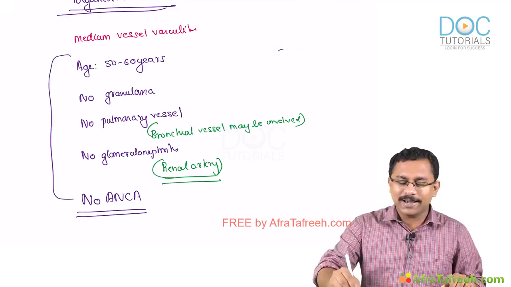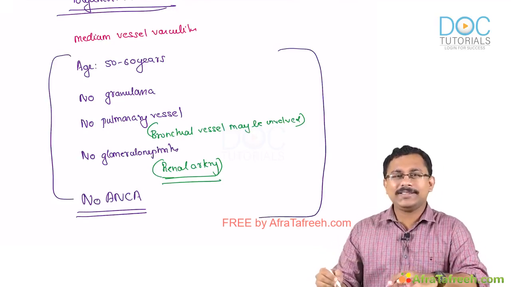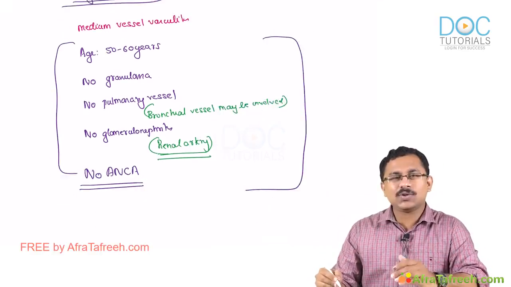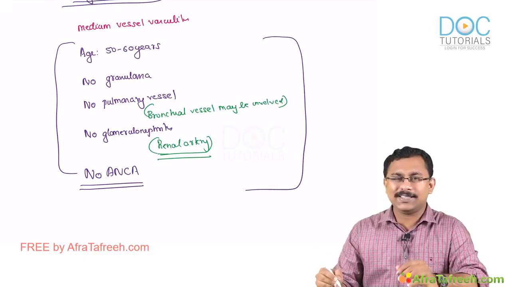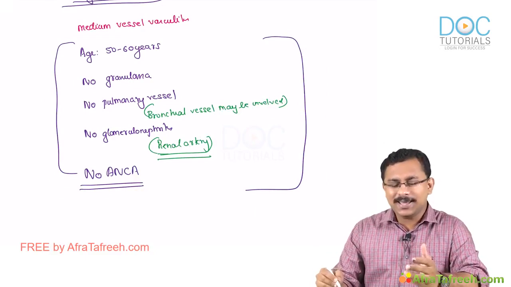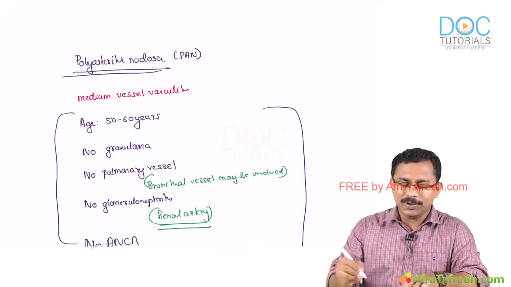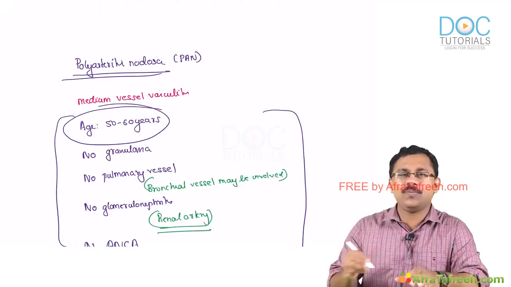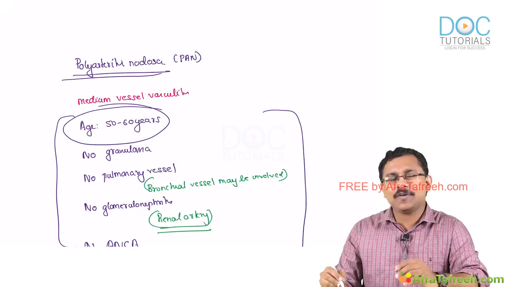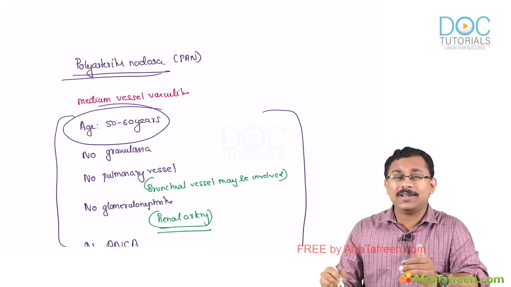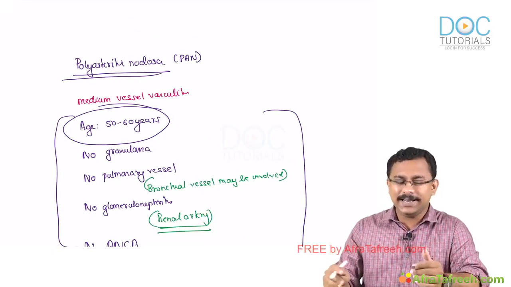So keep in mind these points about polyarteritis nodosa, a medium vessel vasculitis. What are the manifestations? I told you it is the 50 to 60 years age group. The clinical presentation will depend on which vessels are involved.